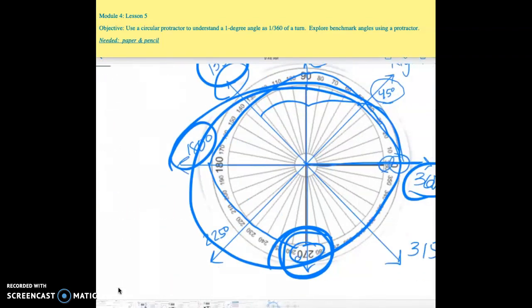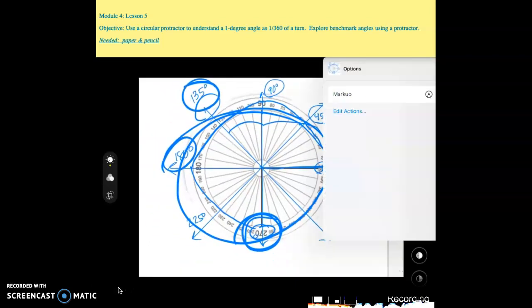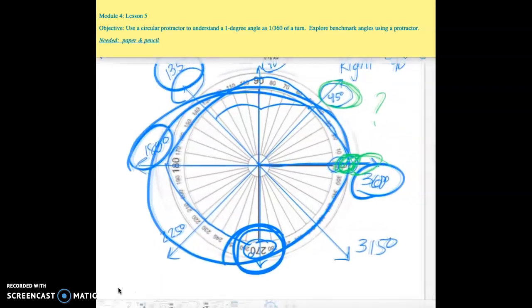There's 45. There's our first 45. How many times would you have a 45-degree angle to get from 0, if you're adding 45 over and over, to get from 0 back here to 360? All right, that's your question you're going to answer in the Google Forms.